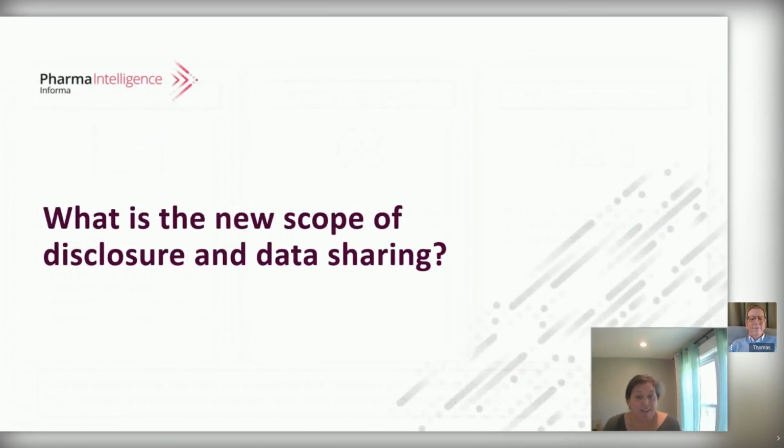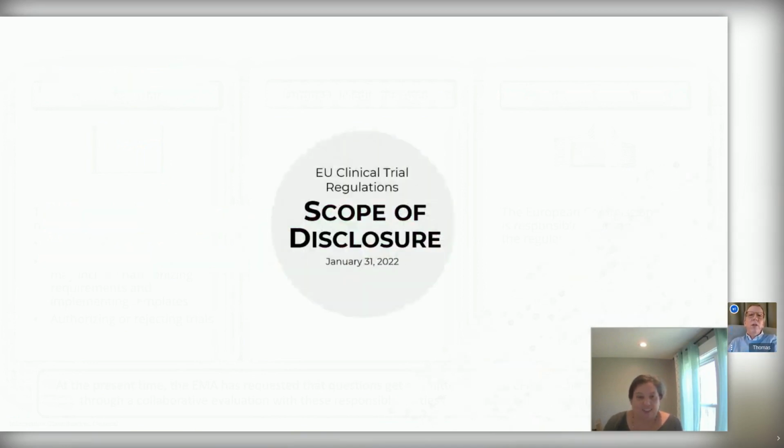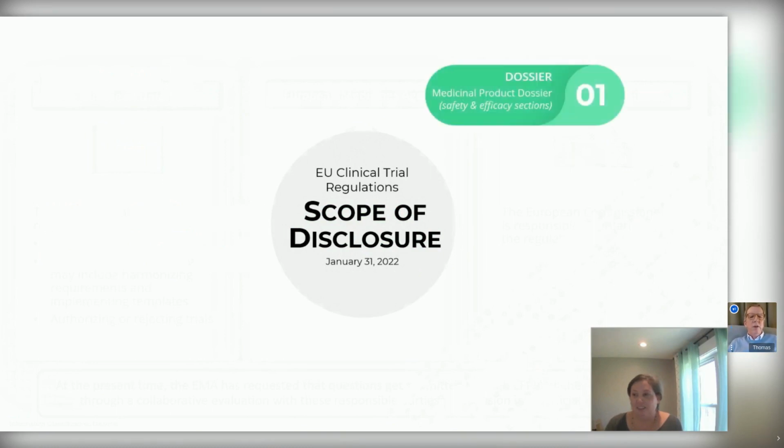How about Thomas? You talk to us about this new scope of disclosure and data sharing, because it's changing quite a bit. Yeah, so thank you, Francine. For the studies that are submitted through the EU portal, what you'll see is there's a pretty large scope of data that are made public, documents that are made public at some point in the study's life cycle.